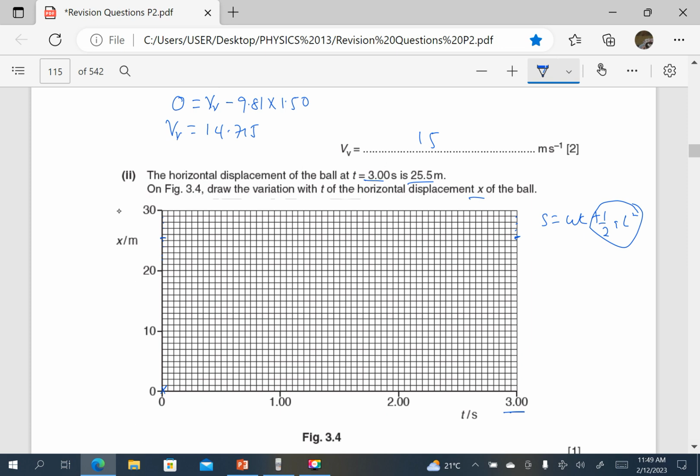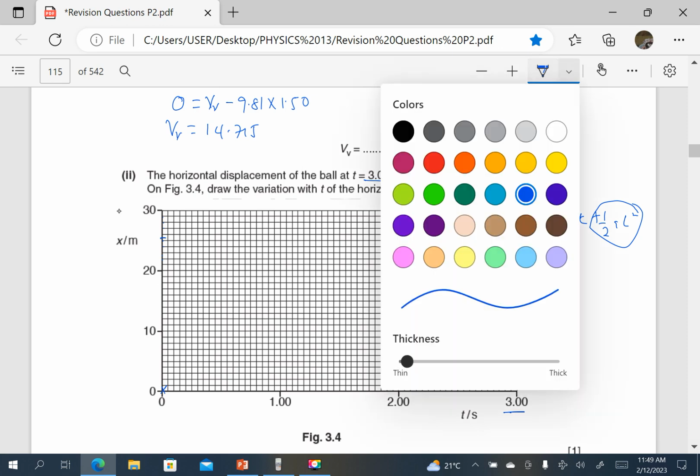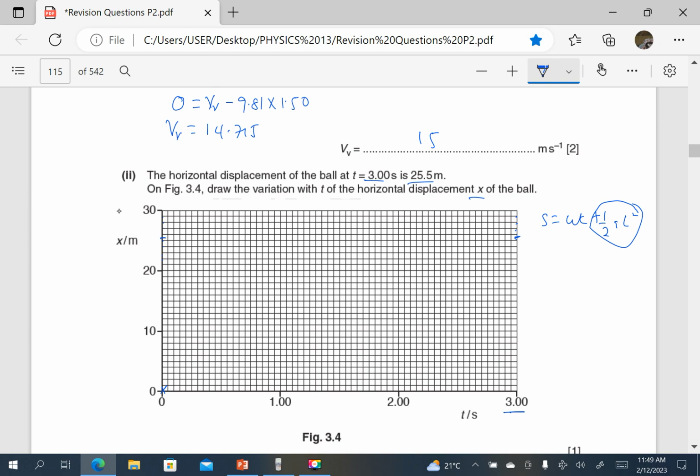So that is a straight line. So I'll simply draw a straight line from the origin up to that point. So it is just a straight line between (0, 0) and (3, 25.5).